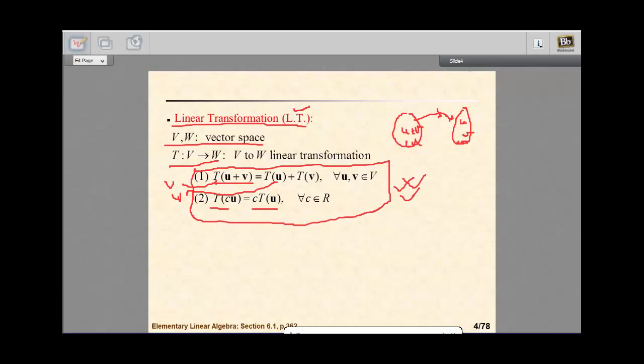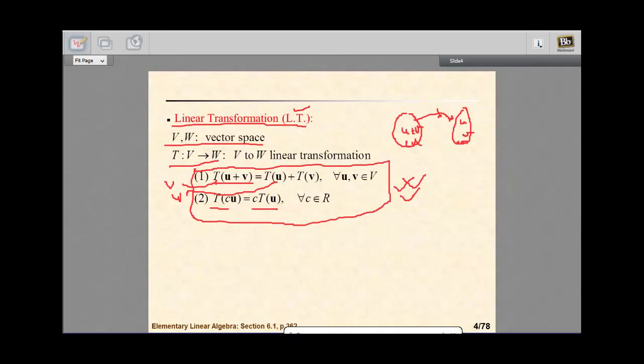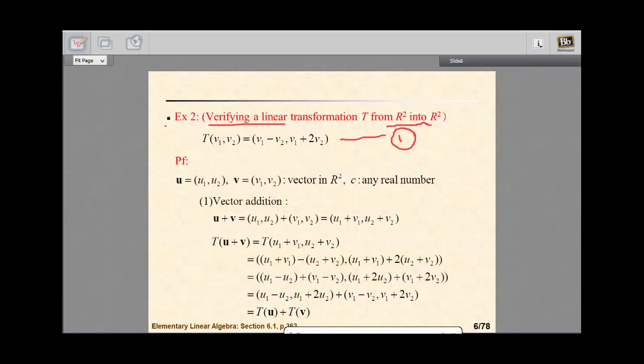So let us see. To prove that, first of all, let u equal u1, u2 and v equal v1, v2 be vectors in R squared, and consider their vector addition. You can write u plus v equal to u1 plus v1, u2 plus v2. Now apply the transformation on both sides, left side and right side.